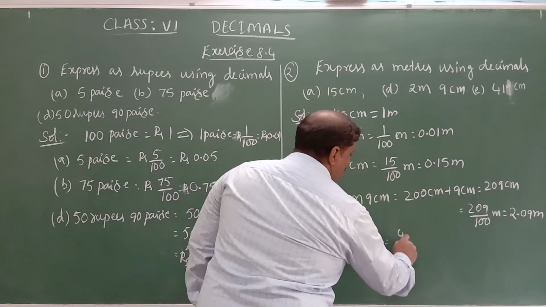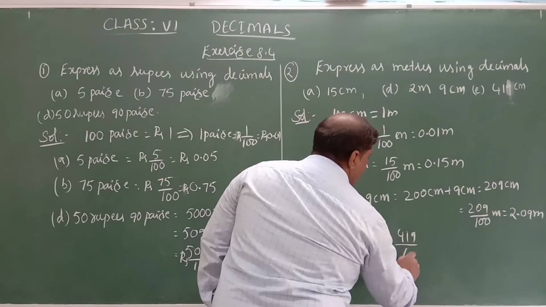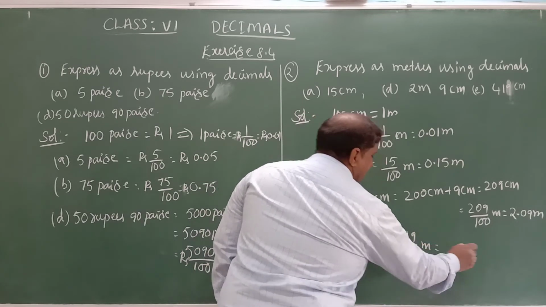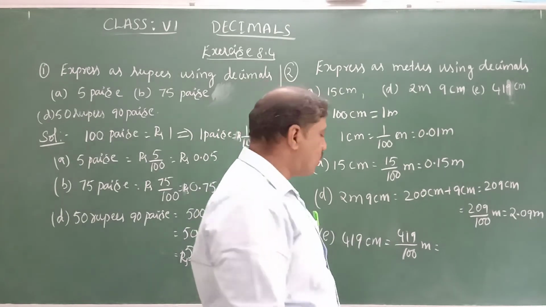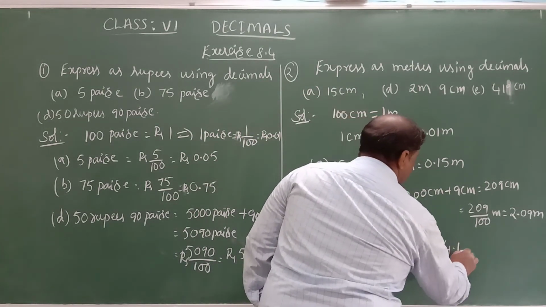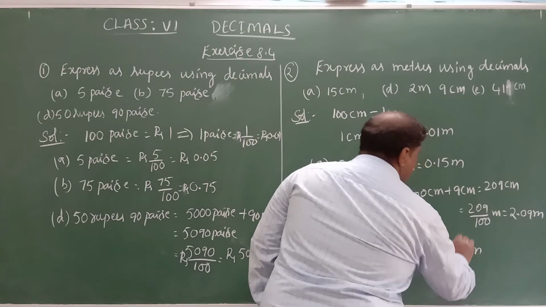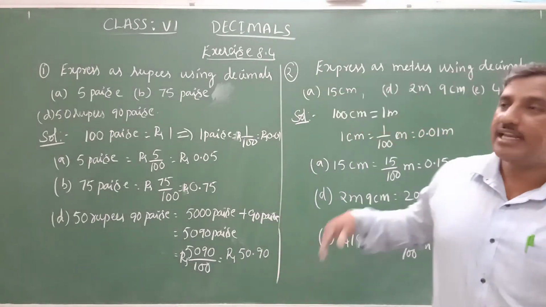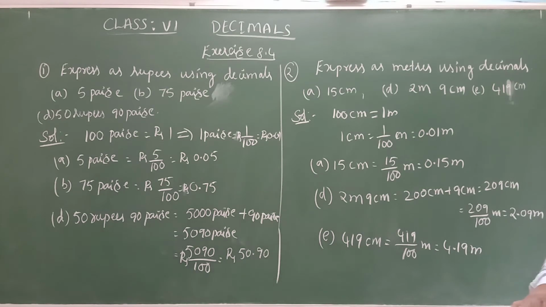That is equal to 490 divided by 100 meters. Keep the decimal point after two digits, that is between 4 and 1. It is 4.90 meters. So like this we will convert centimeters into meters, paise into rupees. Is it clear, children? Yes.